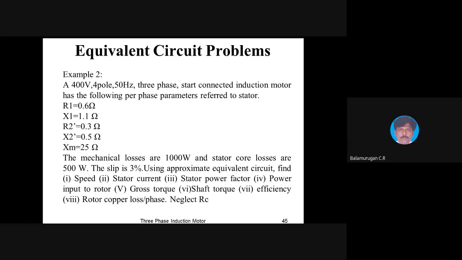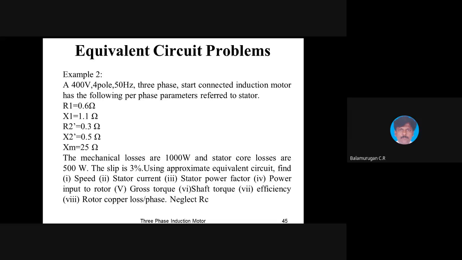So I naught will be equal to 9.24 angle minus 90, and I1 will be equal to 24.56 angle minus 30.5. This is as per the subdivision 2.